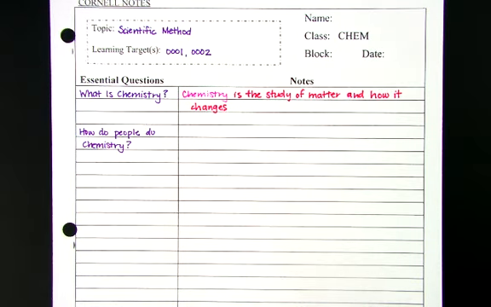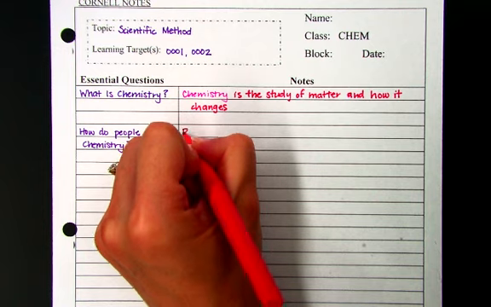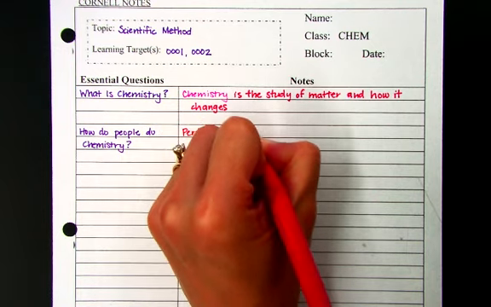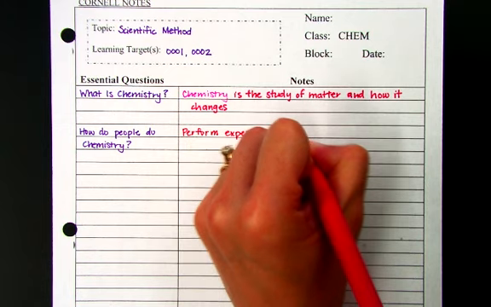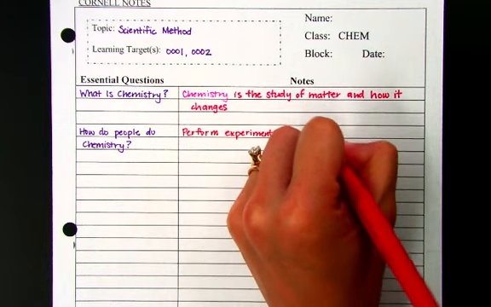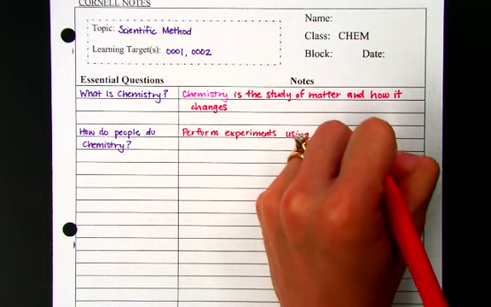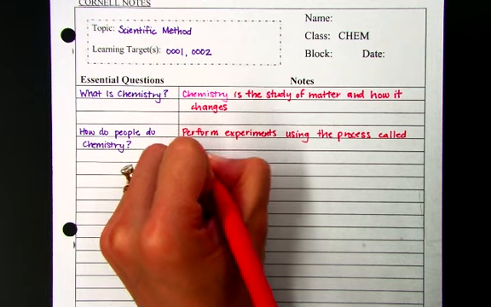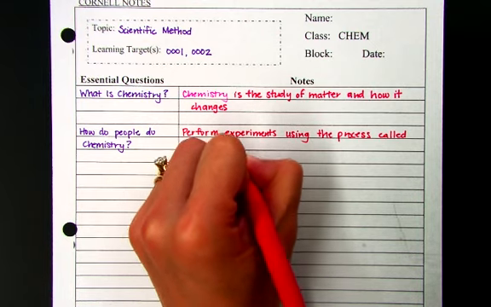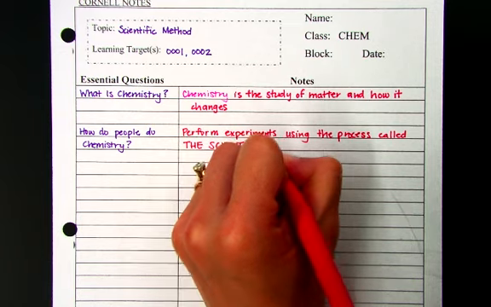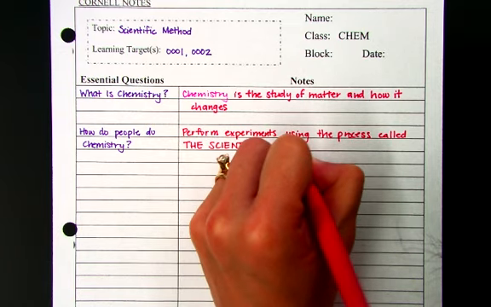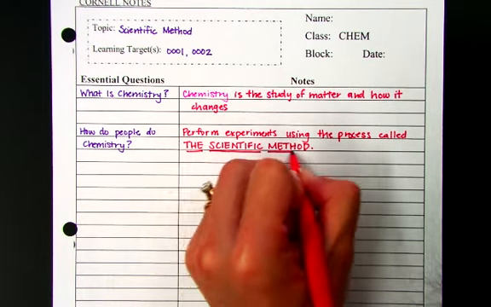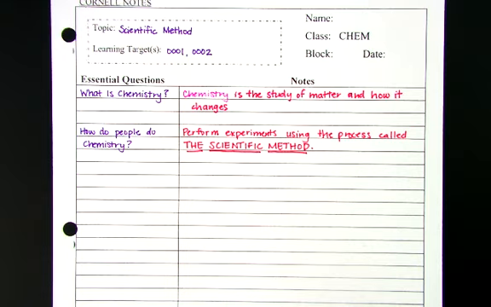And I would say that chemists perform experiments using the process called the scientific method. Now, the scientific method is just a formal name of what you do every day. This is basically problem solving.